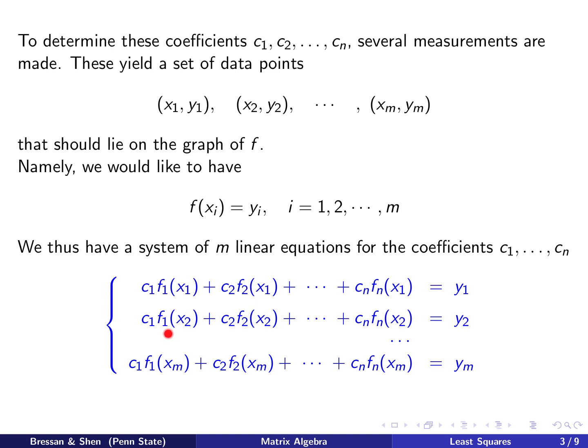And then the function evaluated at x2 should be y2, and so on and so forth. You go through all of them until the last one. The function evaluated at xm should equal ym. So we see that we have m linear equations and we have n coefficients.